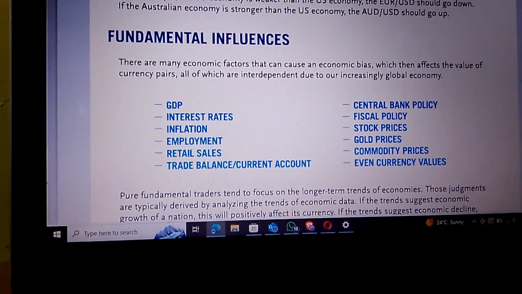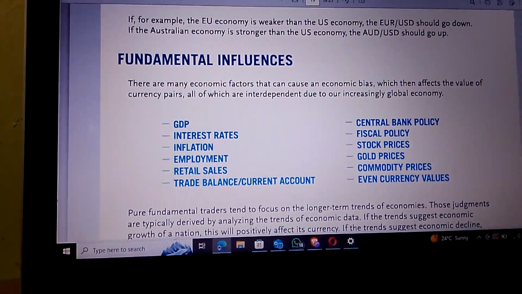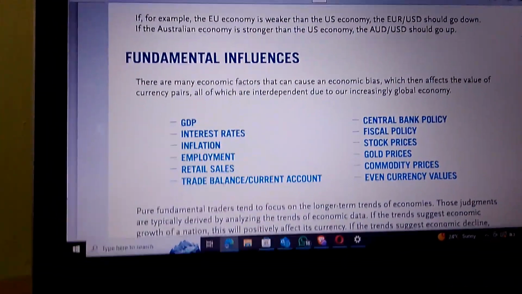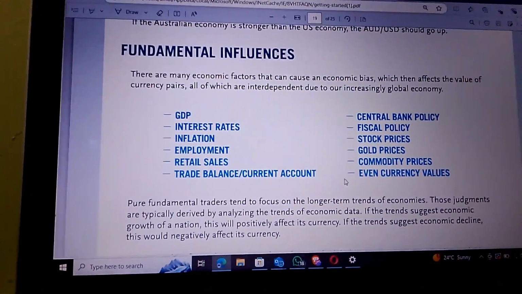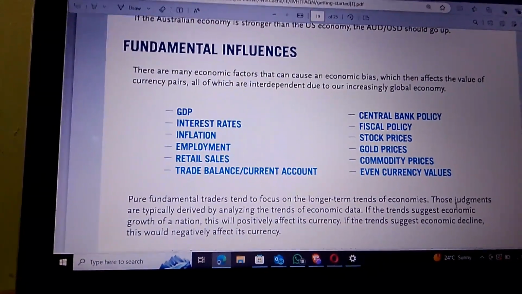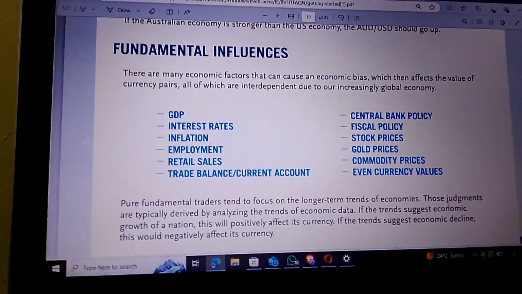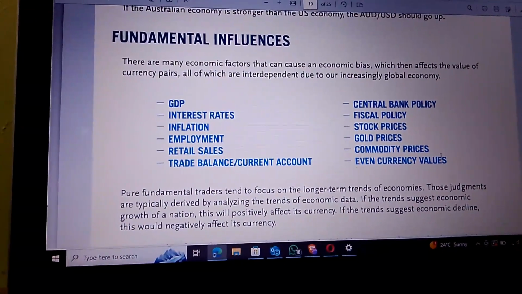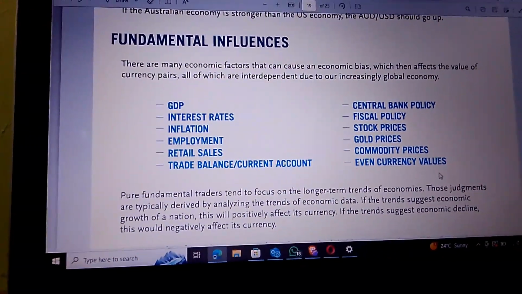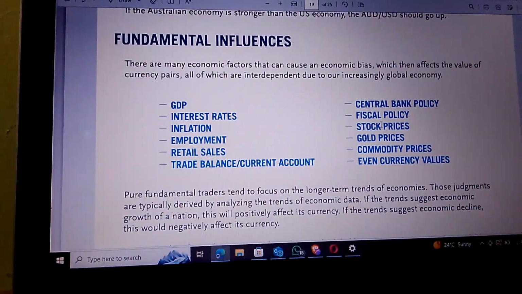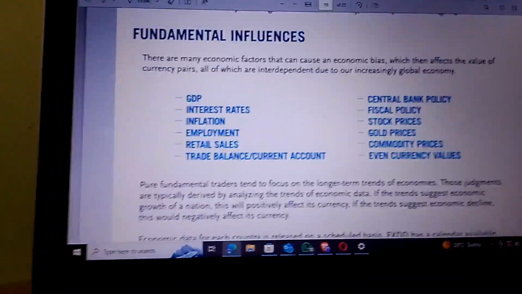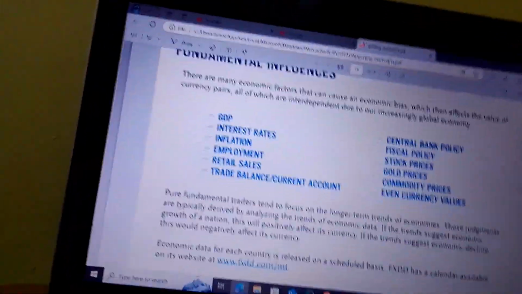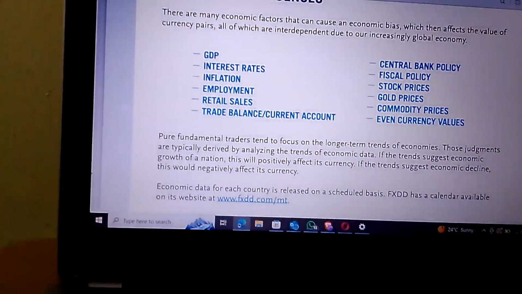So, the fundamental influences. There are many economic factors that may cause an economic bias, which then affects the value of currency pairs, such as GDP, interest rates, inflation, employment, retail sales, trade balance, current account, gold prices, commodity prices, even currency values, fiscal policy, central bank policy, and stock prices. All those affect currency levels. So if you want to do fundamental analysis, you may very much like to know more about these.